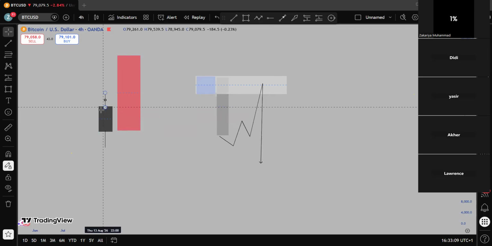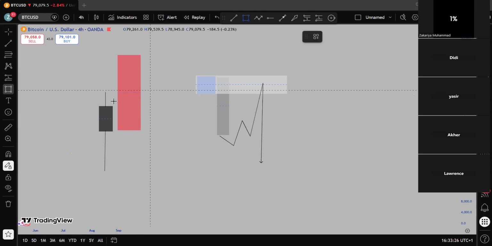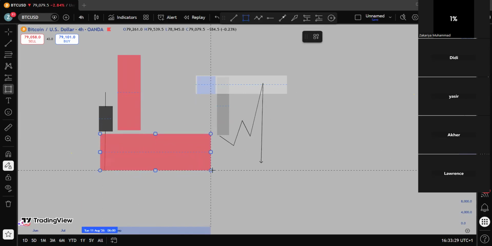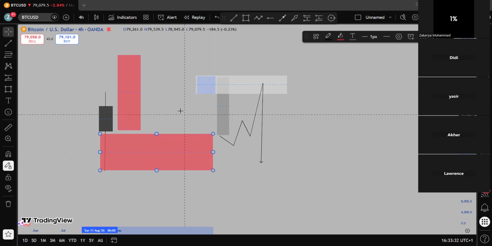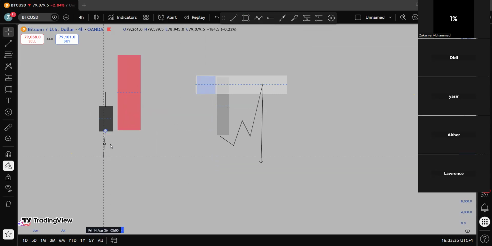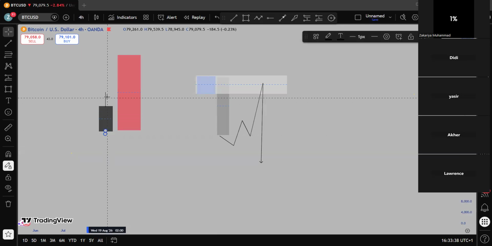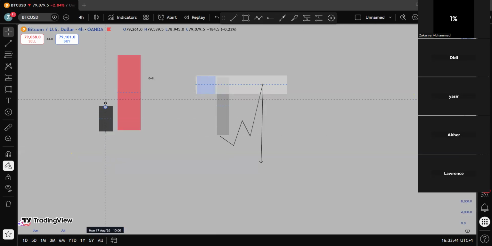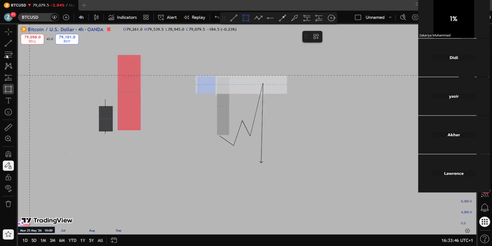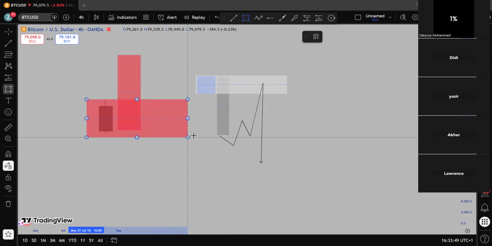If the wick is shorter than the body, you're going to use the whole of the wick and the body to mark your order block. Like this.